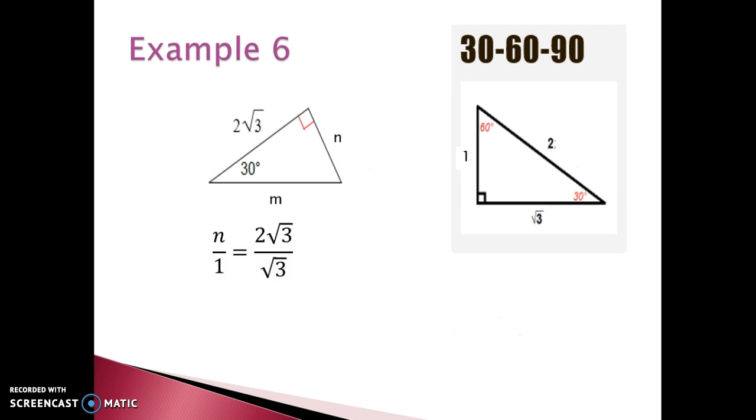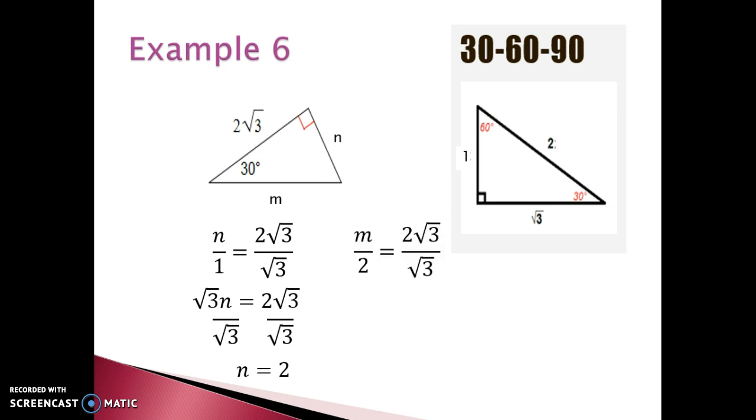Let's do another example. Set up your proportion. So short leg of the new over the short leg of the original is n over 1. The long leg, 2 root 3, over long leg of the original, root 3. I cross multiply. Square root 3 n is equal to 2 square root 3. When I divide both sides by the square root of 3, I just get n equals 2.